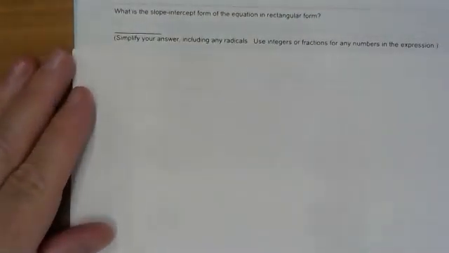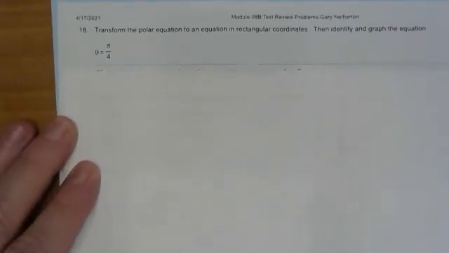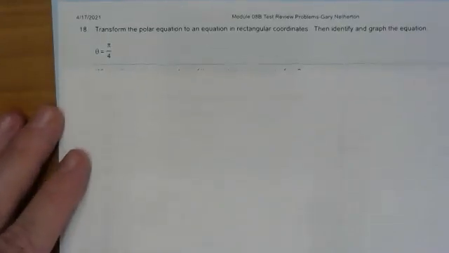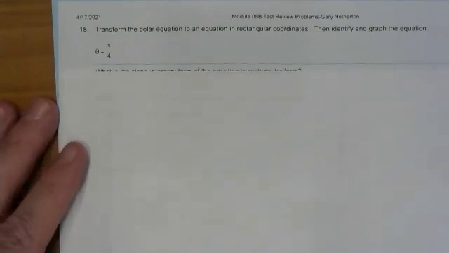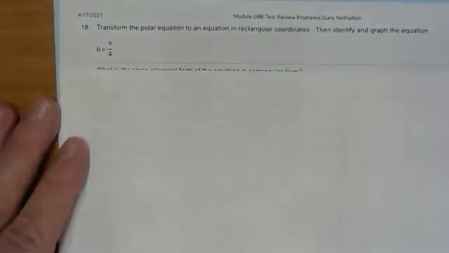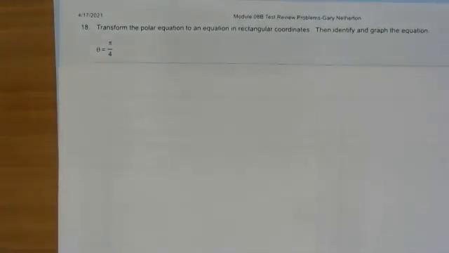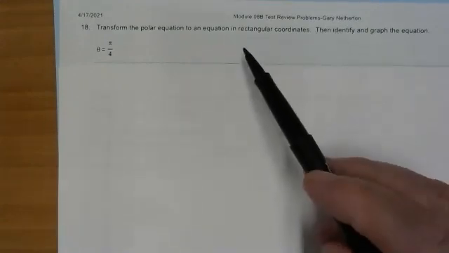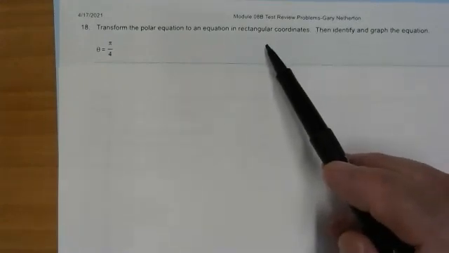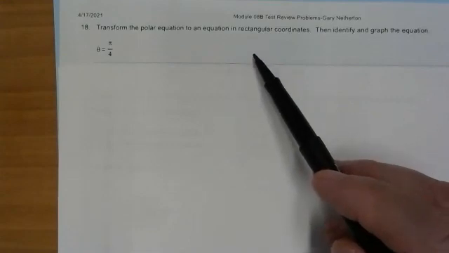All right, number 18. Same kind of problem. Here's an equation in polar coordinates. This time we have theta in our equation, and they want to convert it to an equation with rectangular coordinates, so an equation with x and y.